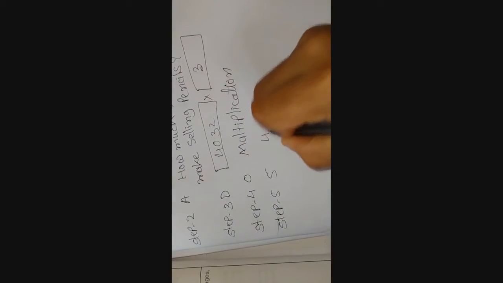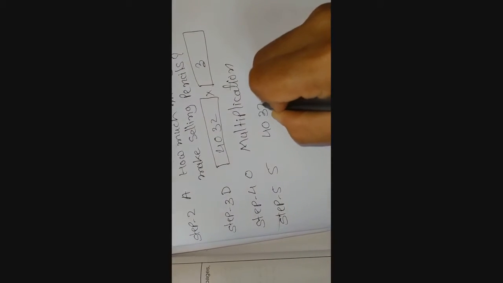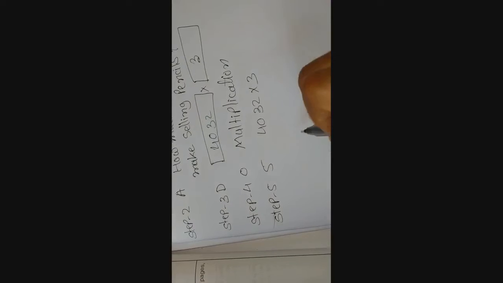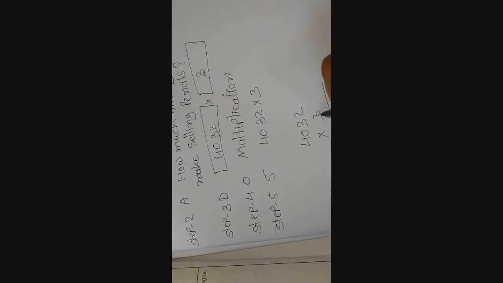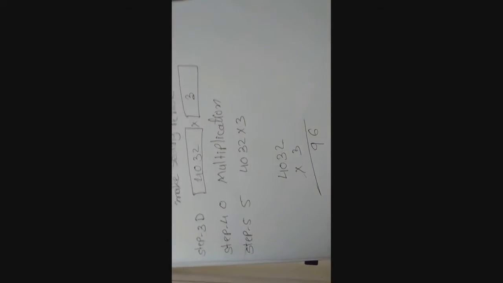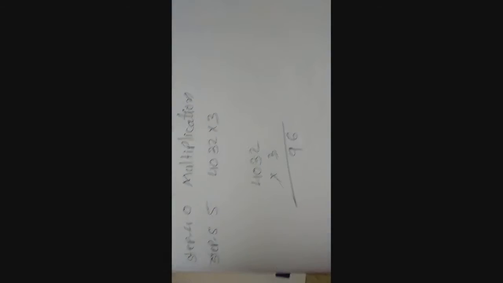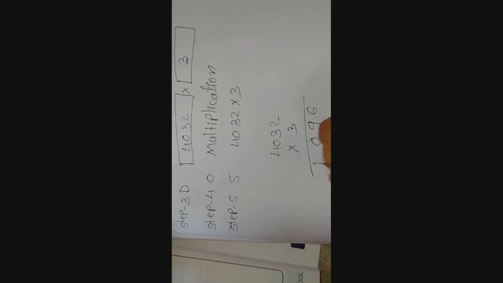Step number 5, solution. So 4032 multiply by 3. So here we have to write 4032 multiply by 3. 3 2s are 6, 3 3s are 9. 3 zeros are 0, 3 4s are 12.